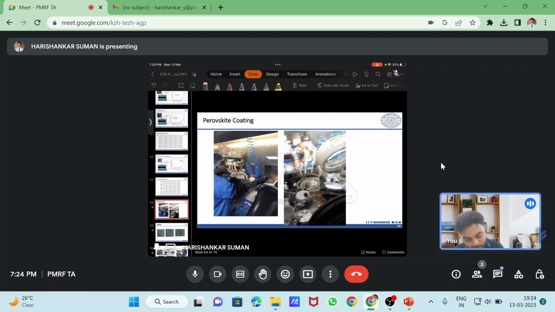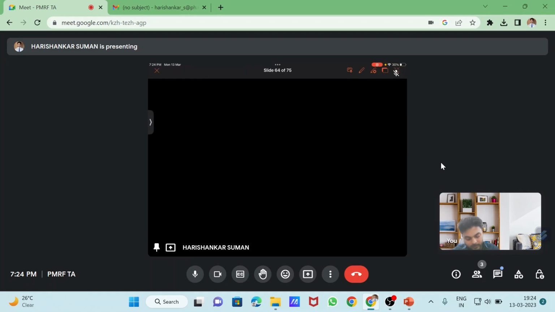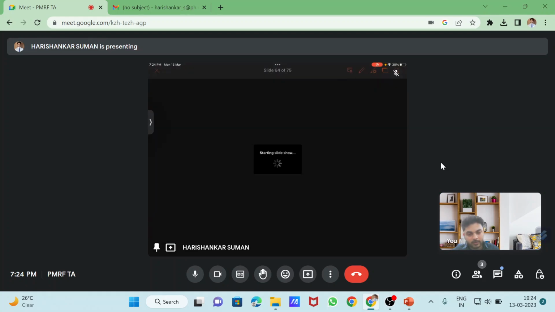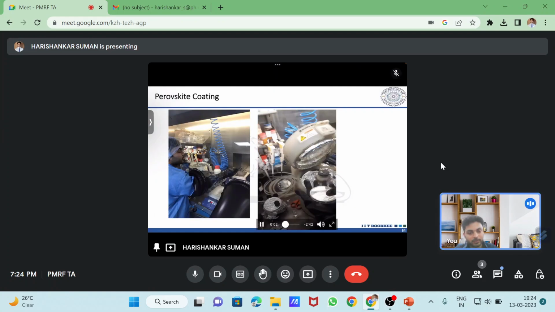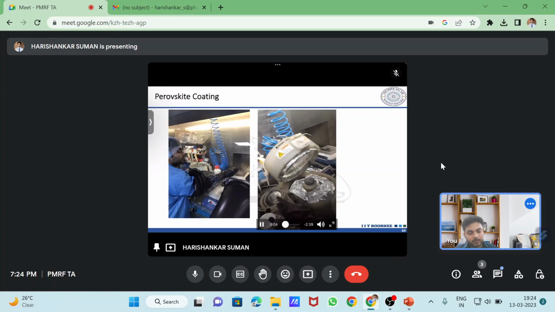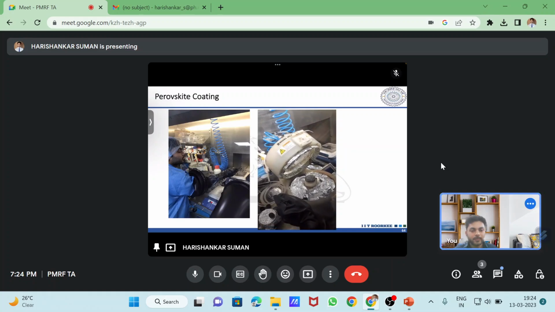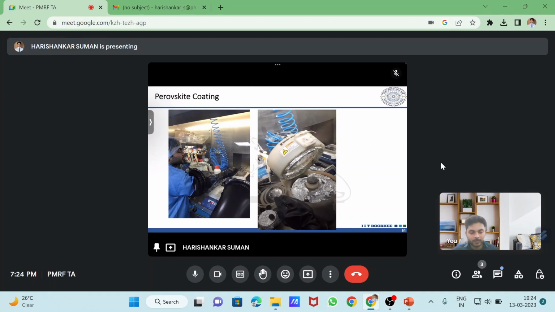And this is the lab. Let me show how to make a solar cell in the lab. This is the lab at IIT Kanpur. Are you able to see in the video?